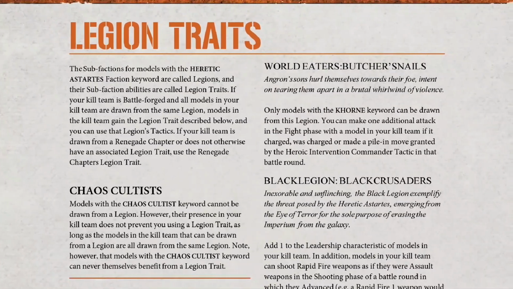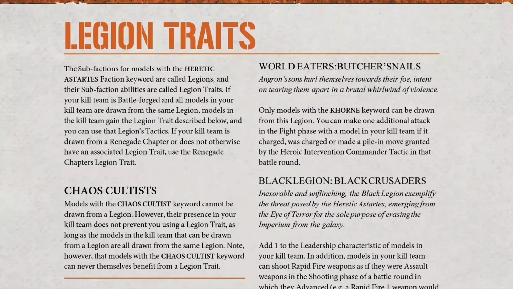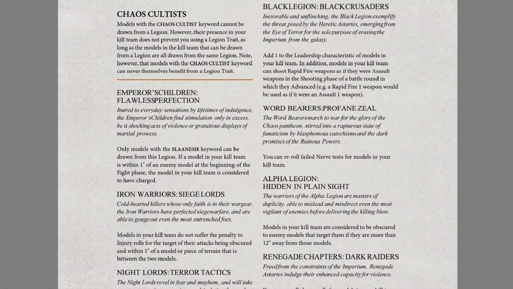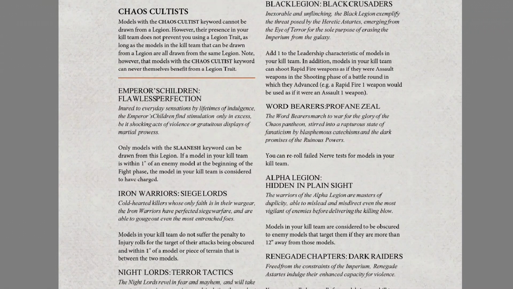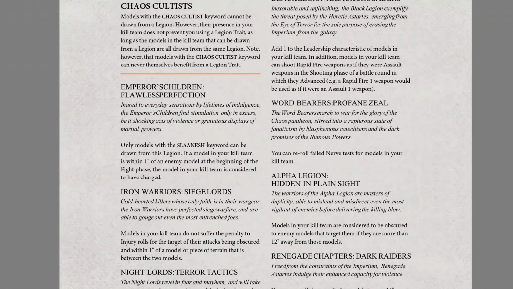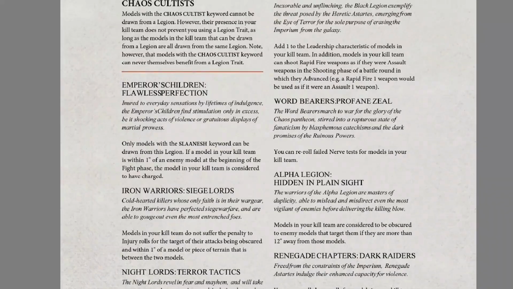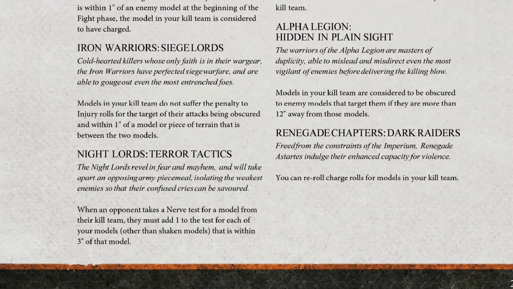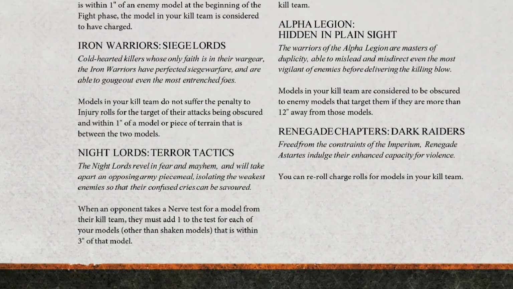The first one along is Emperor's Children, Flawless Perfection. Jaded by lifetimes of indulgence, the Emperor's Children find stimulation only in excess, be it shocking acts of violence or gratuitous displays of martial prowess. Yeah, martial, not marital.